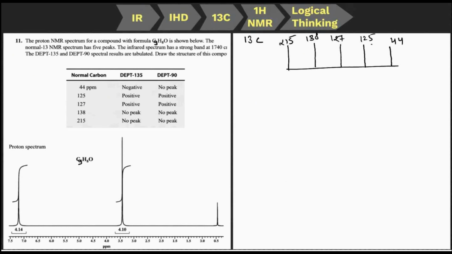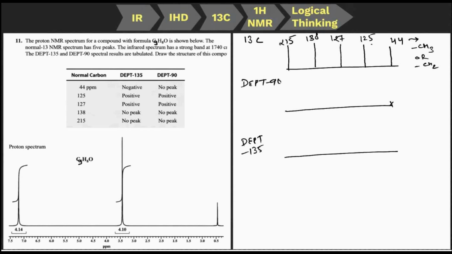Okay, now look at the DEPT 90 NMR. In the DEPT 90 NMR, there is no signal at 44 ppm. It means this signal at 44 belongs to either a methyl or CH2. If you look at DEPT 135, it is showing in the negative phase. So it means this signal belongs to the CH2 group. So the 44 ppm signal belongs to the CH2 group, and 125 is showing positive.